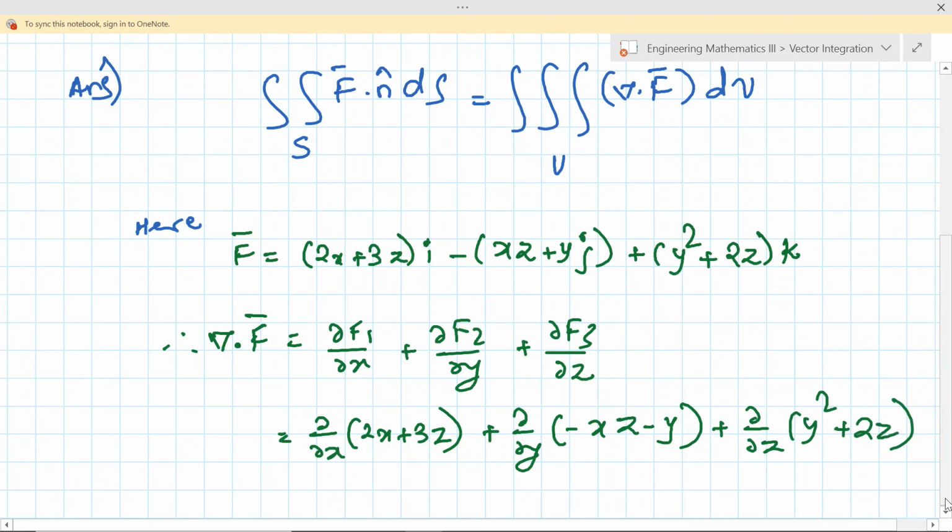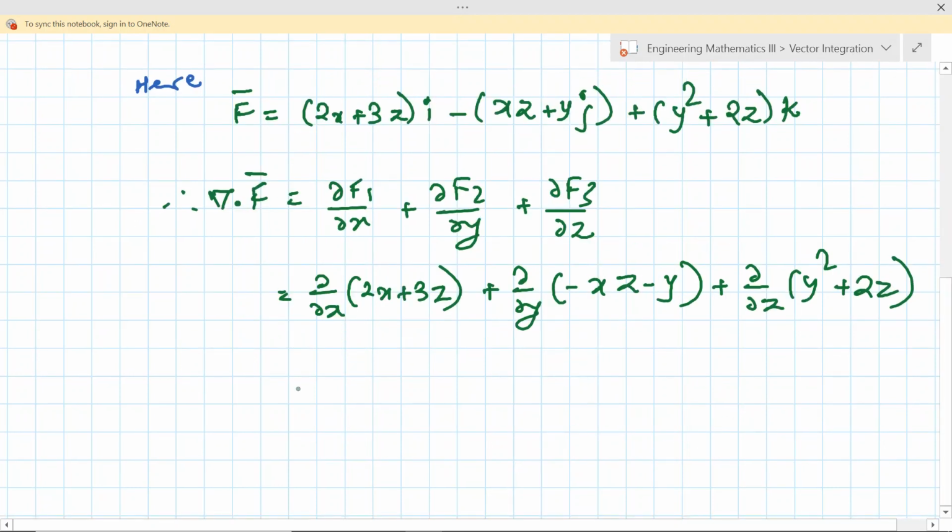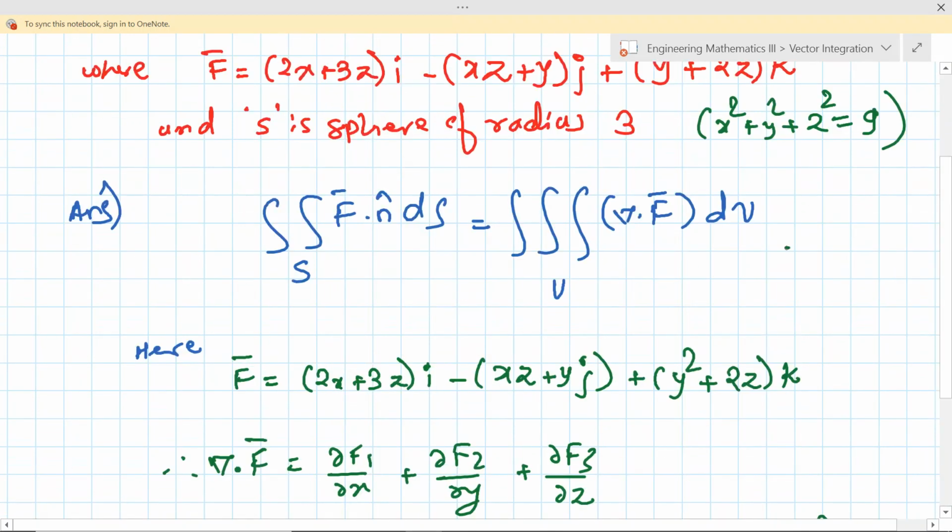Now take the partial derivatives. The derivative of 2x plus 3z with respect to x is 2. With respect to y it is minus 1, and the last term gives plus 2. So del dot f bar is equal to 3. Call this equation number 1.